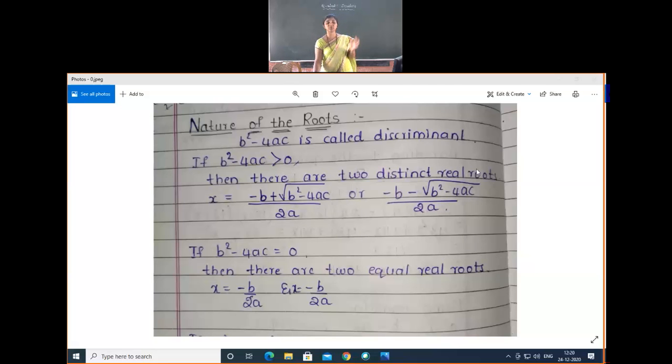Distinct in the sense two different roots. The roots are in the form of minus b plus square root of b square minus 4ac divided by 2a, or minus b minus square root of b square minus 4ac divided by 2a.